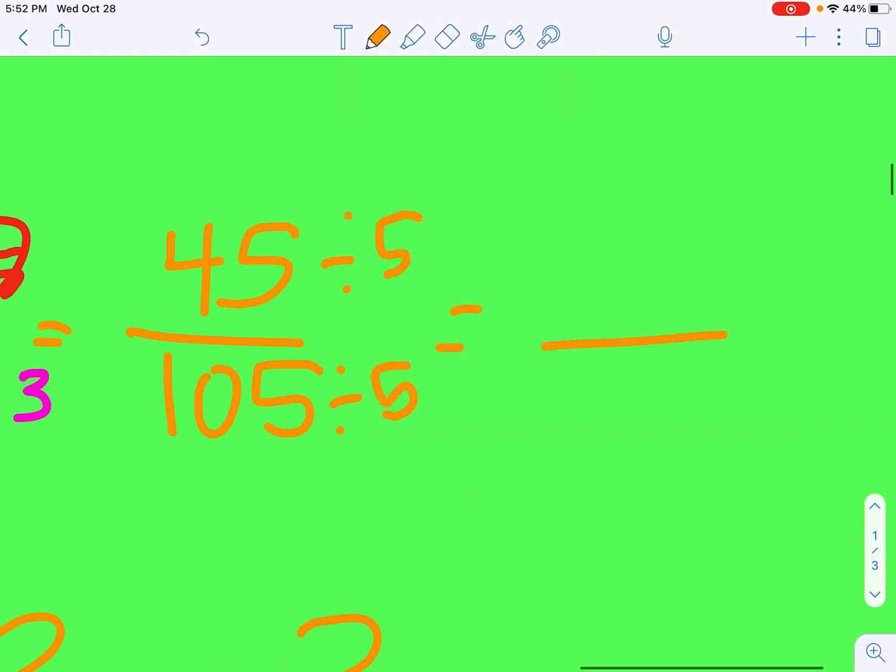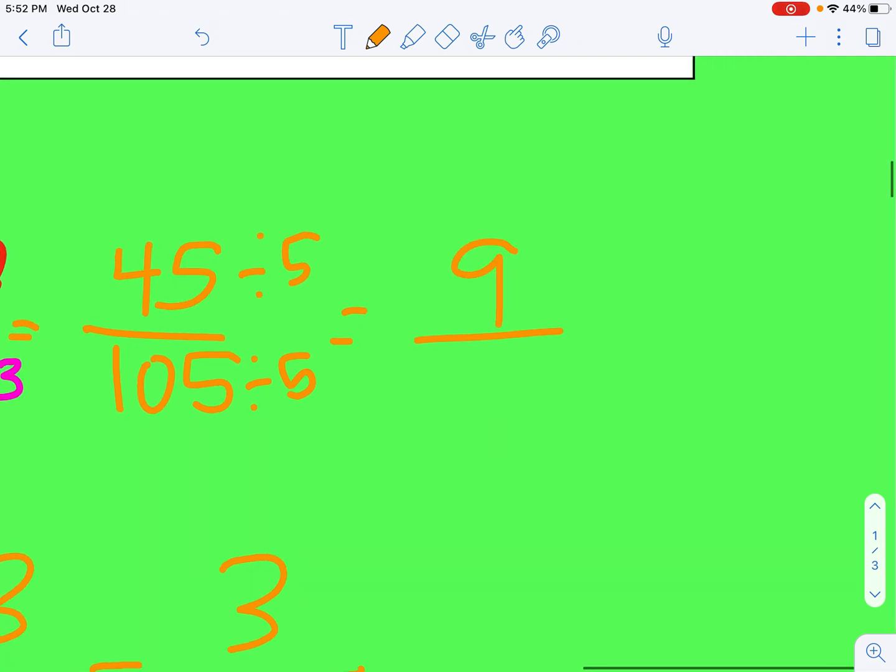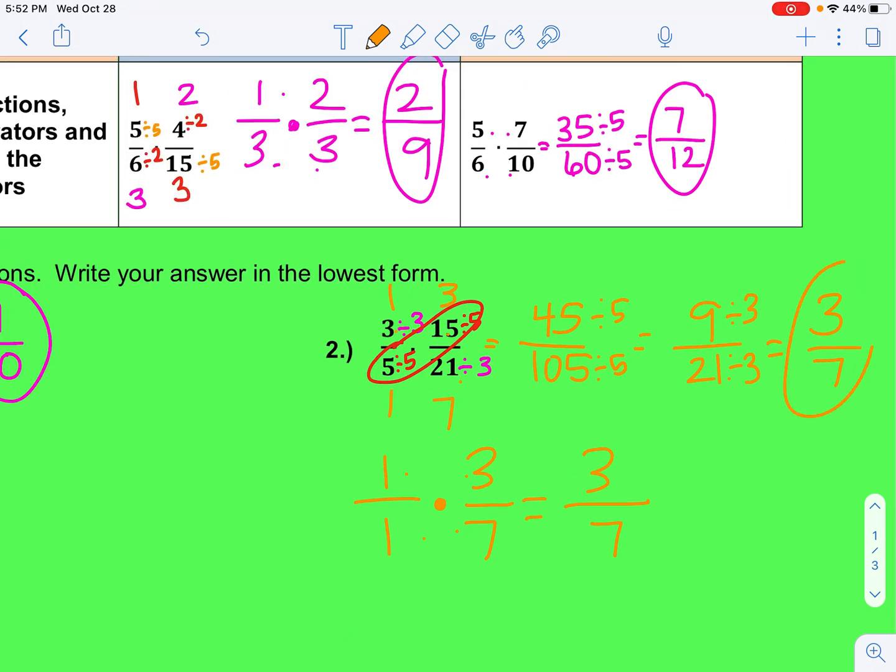So we know we could divide both of these by 5. 45 divided by 5 is 9. 105 divided by 5 is 21. Can you simplify that again? Yeah, you can simplify by 3. 9 divided by 3 is 3. 21 divided by 3 is 7. Did we get the same thing?